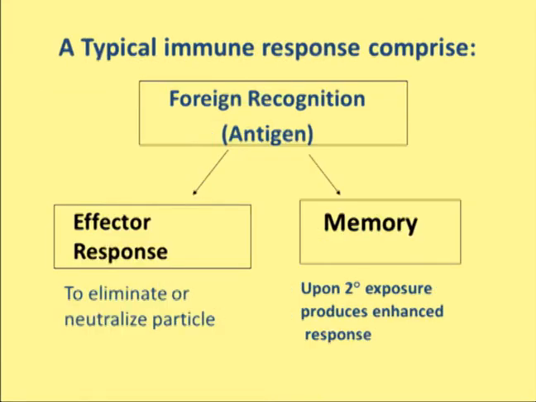So typically, an immune response has two stages. The first is recognition and the second is response. And thereafter, an immune response would have a memory, so that whenever the same antigen enters our body a second time, it will be eliminated much faster.